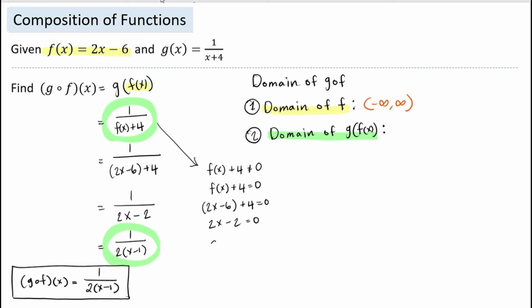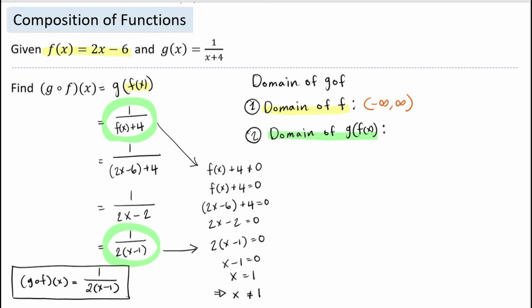We get 2 times x minus 1 is equal to 0. This is the same condition we arrive at if we start from the expression 1 over 2 times x minus 1, because the denominator 2 times x minus 1 cannot be equal to 0. So we get x minus 1 is equal to 0, x is equal to 1, which means that x cannot be equal to 1.